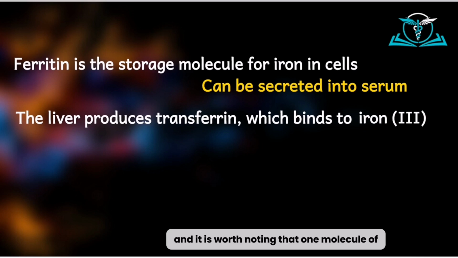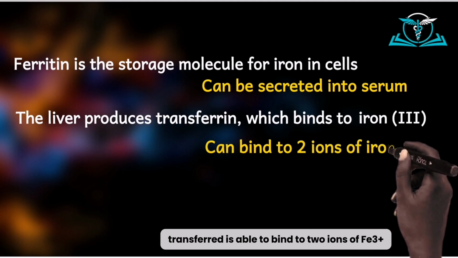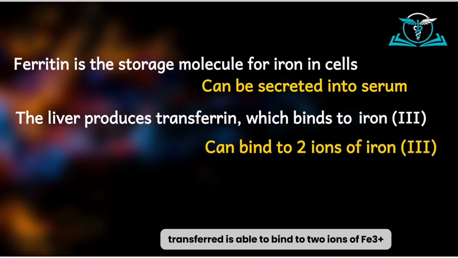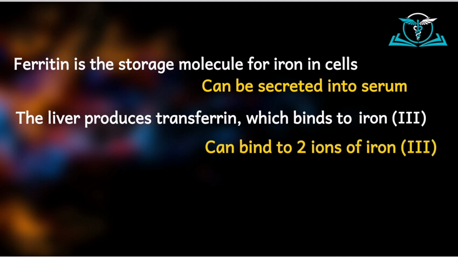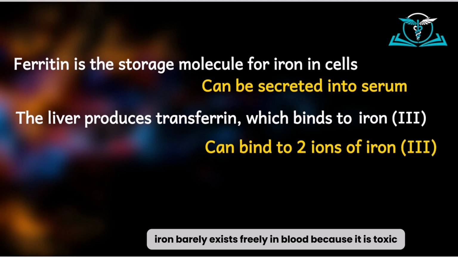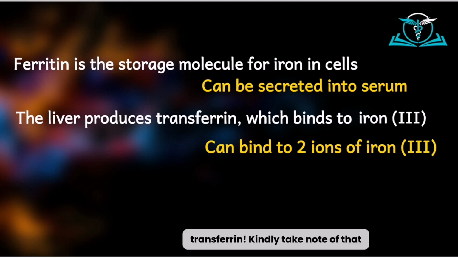And it is worth noting that one molecule of transferrin is able to bind to 2 ions of Fe3+. Iron barely exists freely in blood because it is toxic. It can cause iron-mediated injury to the body, and so almost all iron that is in blood is bound to transferrin. Kindly take note of that.